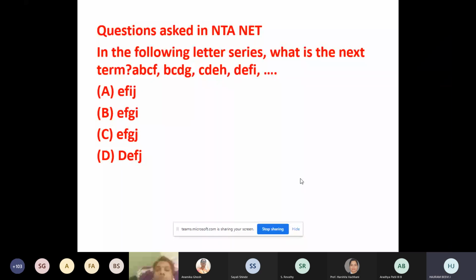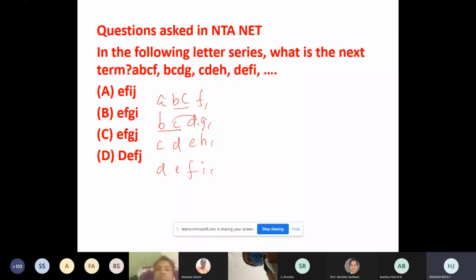So here ABCF, then BCDG, then CDEH, then DEFI. See here, the second and third letters of the previous one are the first and second ones. So here also CD, then CD, then DE, then DE, which means the next one is EF.